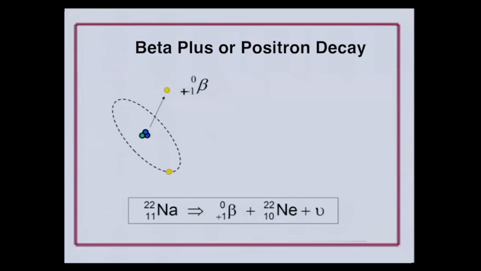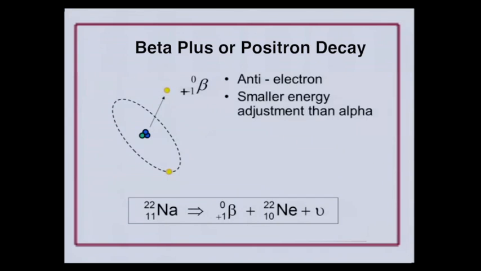If a beta minus and a beta plus meet, they will actually annihilate each other. So in truth, it is an anti-electron. But we'll call it a beta plus and a beta minus, and you'll also see it referred to as positron. And so it's an anti-electron.